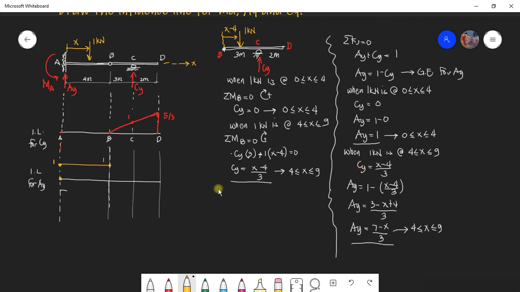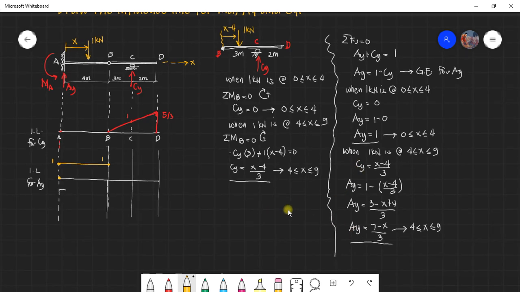Now, how about if the unit load is at C? So, when x is equal to 7. So, dito na tayo. Okay? So, 7 minus 7, that is 0 divided by 3 is 0. So, 0, nandito siya. Okay? Then, last, when the unit load is at D, which is x is equal to 9. So, 7 minus 9 is negative 2 over 3.